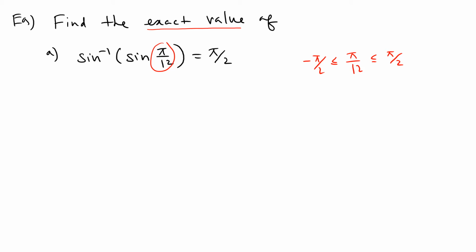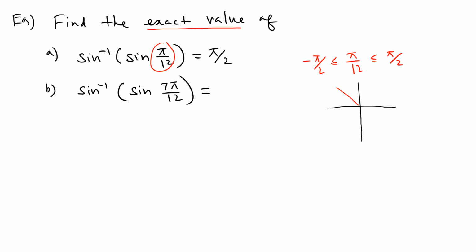So that's it. And the next one, let's say we have sine inverse of sine 7 pi over 12. If you look at this angle, you can see that it's not in the domain, it's outside of the domain, because this angle is somewhere here.